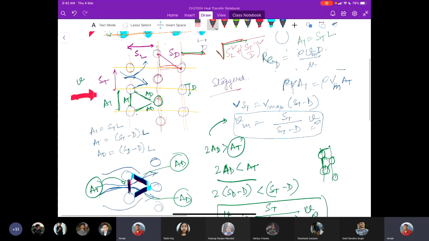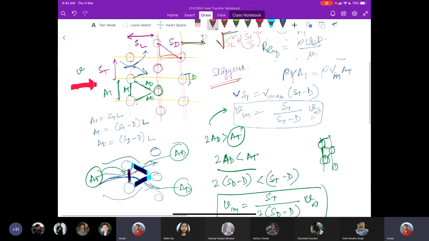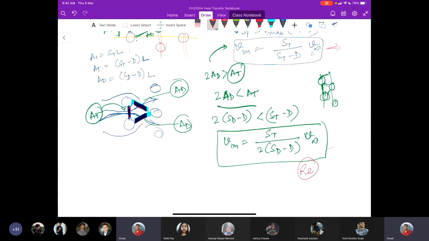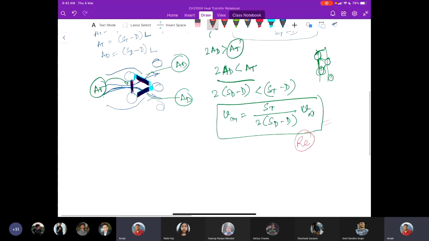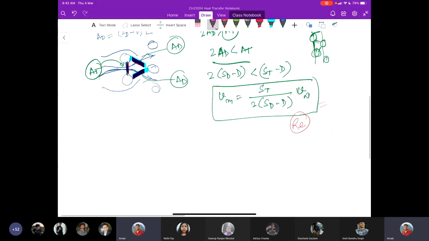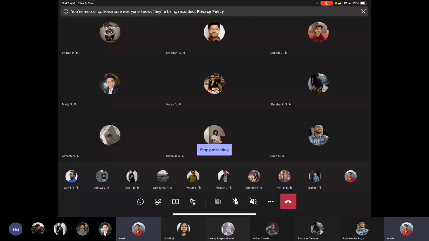And even in the staggered case, there can be two different scenarios. For one, the calculation is identical to that of the inline calculation. In the other case, you have to be a bit careful, because once you calculate that, then you have a similar situation to what we had earlier.